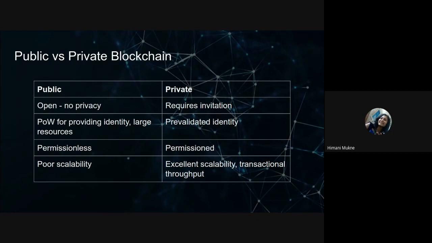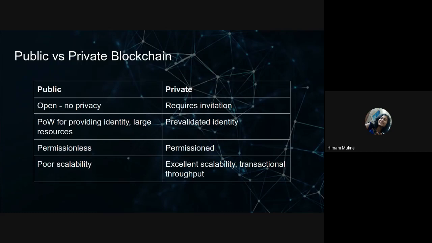To elaborate, a public blockchain is open. There is no privacy, which basically means that, to quote an example, if you look at Bitcoin or Ethereum, as long as you're able to solve the hash, you can enter the network. So it's open to all. There is no privacy because anybody can enter. Whereas private, on the other hand, can be accessed by invitation only.